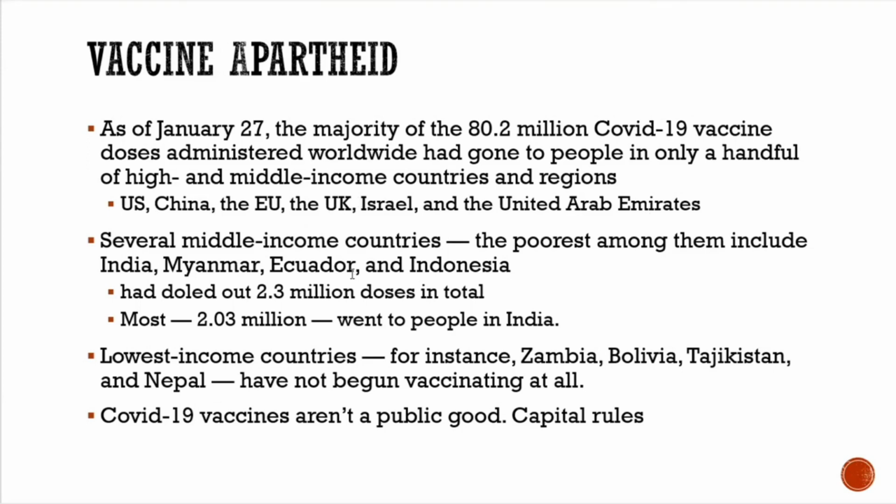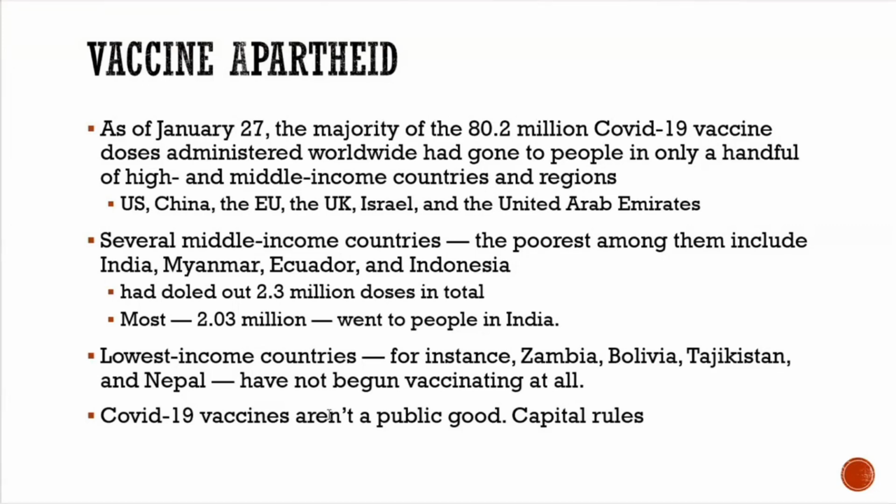Some of the middle income countries, among them India, Myanmar, Ecuador, and Indonesia, had given about 2.3 million doses in total. 2 million of those went just to India, right? And the lowest income countries, such as Zambia, Bolivia, Nepal, etc., had not even begun vaccinating at all.